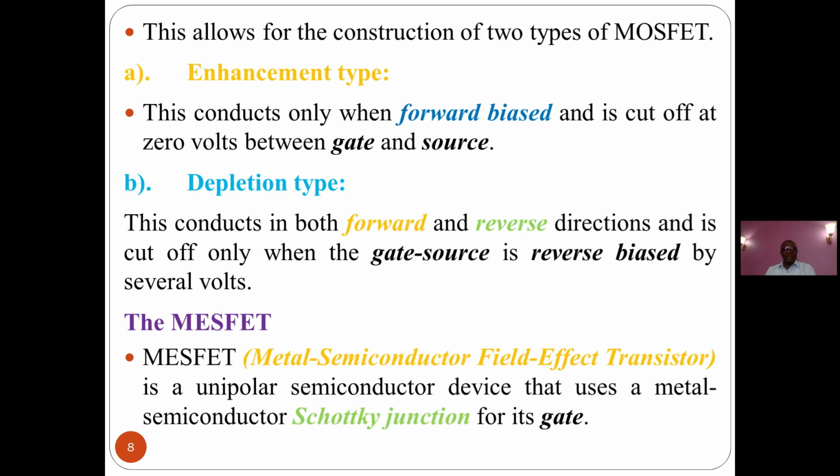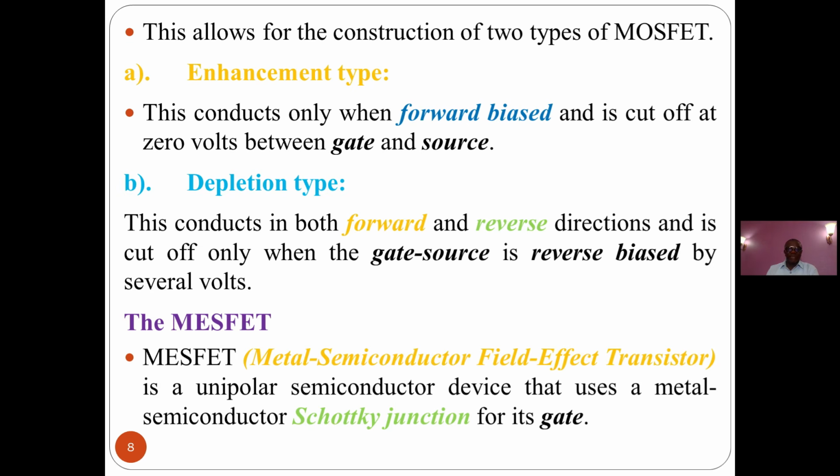Now, the third one is the MESFET, which is the metal semiconductor field effect transistor. And this is a unipolar semiconductor device that uses a metal semiconductor Schottky junction for its gate. In our past lecture, module 049, we dedicated it to talking about Schottky diodes and Schottky junction.